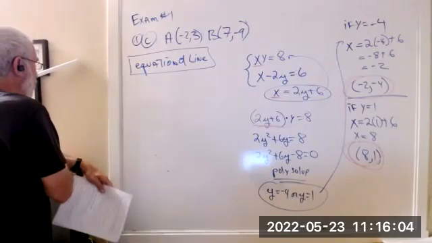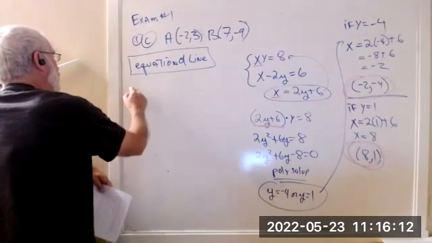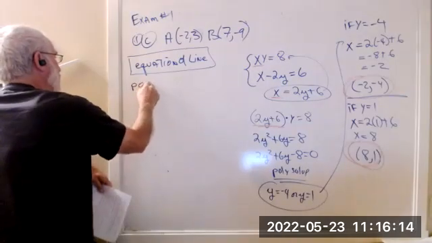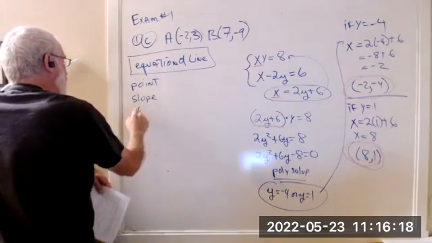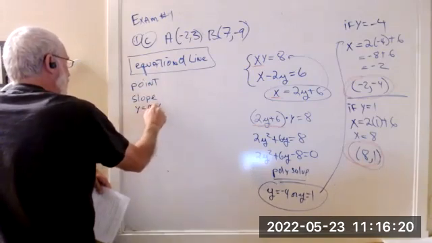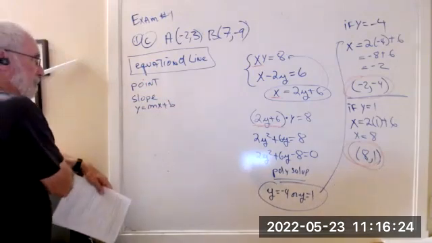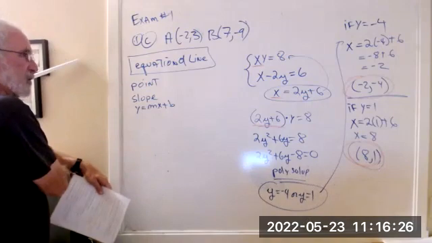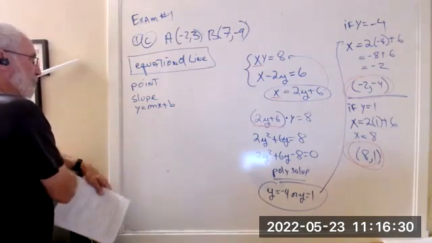You could use the midpoint, but you don't need it. To find the equation of a line, you need a point, you need a slope, and you need this formula.